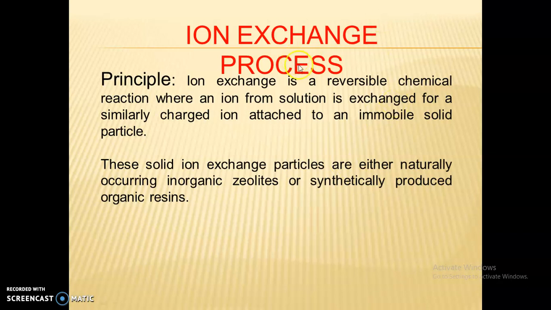Ion exchange is a reversible chemical reaction where an ion from solution is exchanged for a similarly charged ion attached to an immobile solid particle. These solid ion exchange particles are either naturally occurring inorganic zeolites or synthetically produced organic resins.